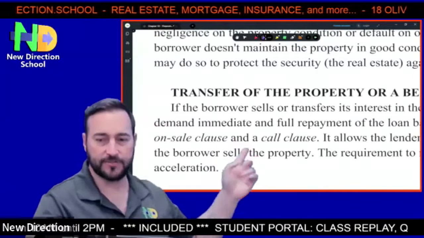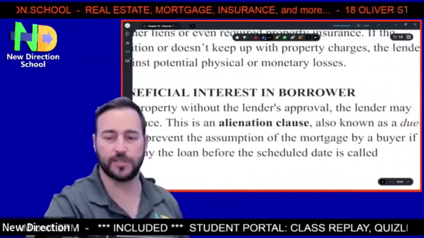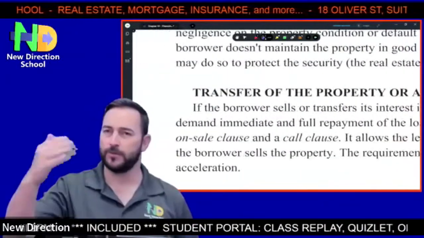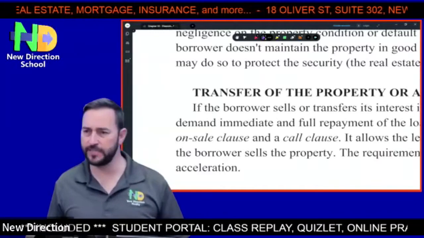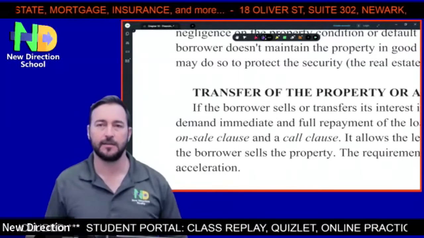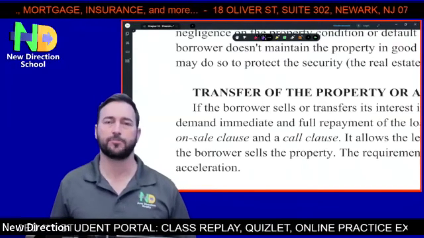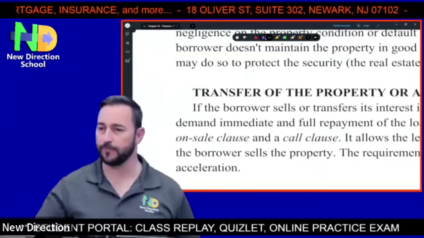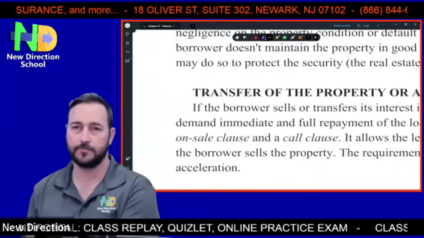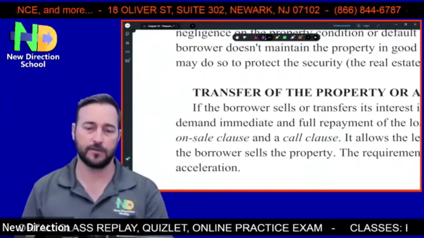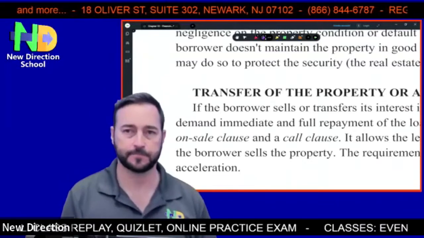Now, transfer of the property or beneficial interest in the borrower. We did talk about assignments, right? Assignment, subleasing when it comes to leases, right? But you can transfer the property to somebody else, the whole thing. You can transfer the loan to somebody else if the provisions allow, right?